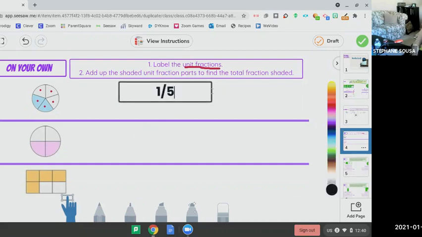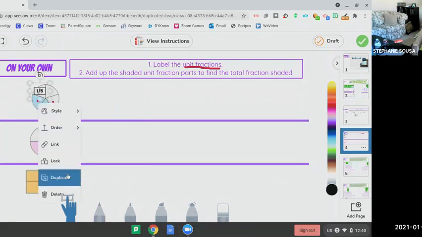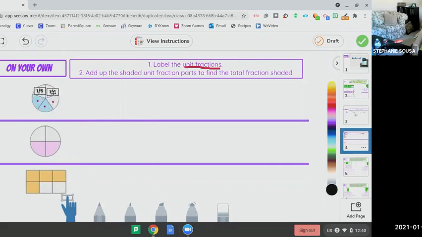Directions told me to label the unit fractions, so I'm going to make it small enough to fit inside of a piece, and I'm going to duplicate it inside of all of the pieces so that it looks neat. I actually think those should be a tiny bit smaller, so I'm going to make it smaller. That way it looks more neat inside of my model.